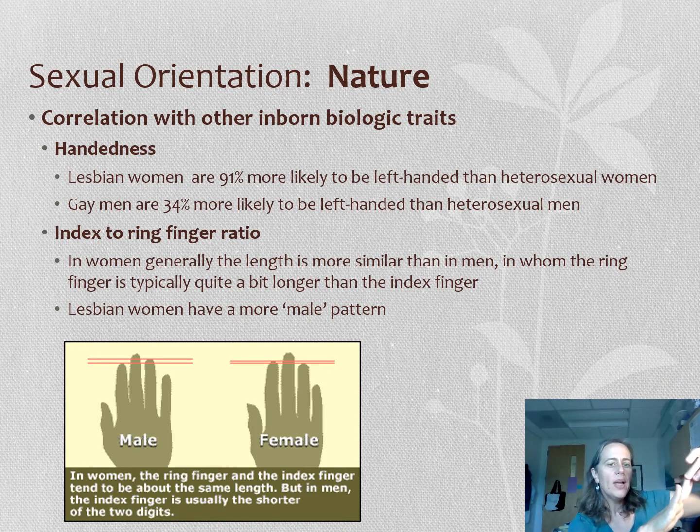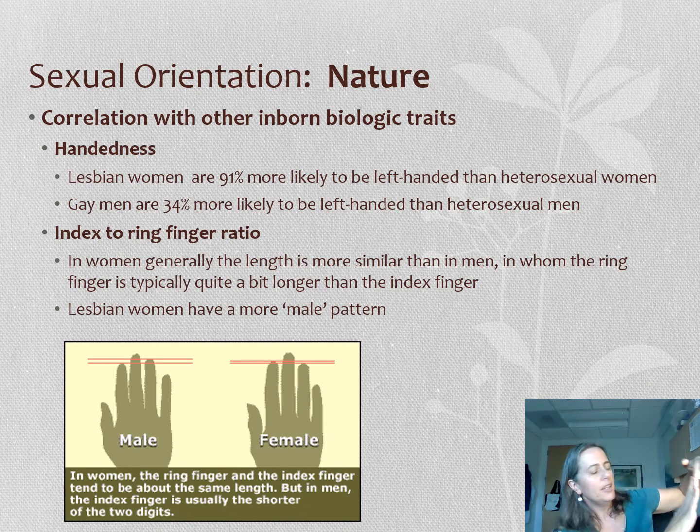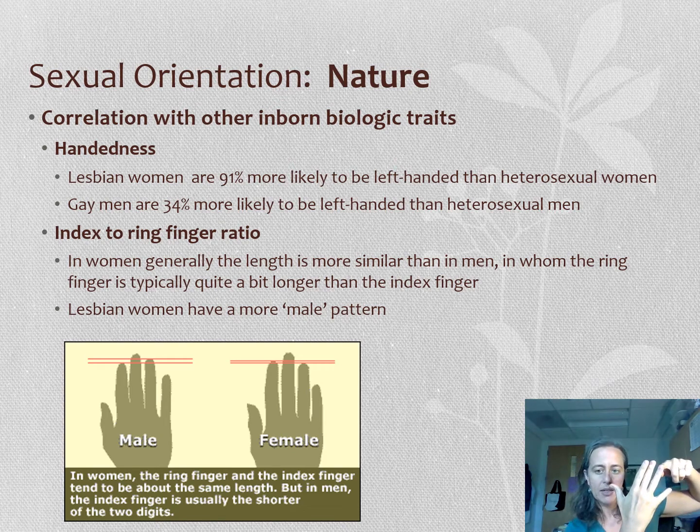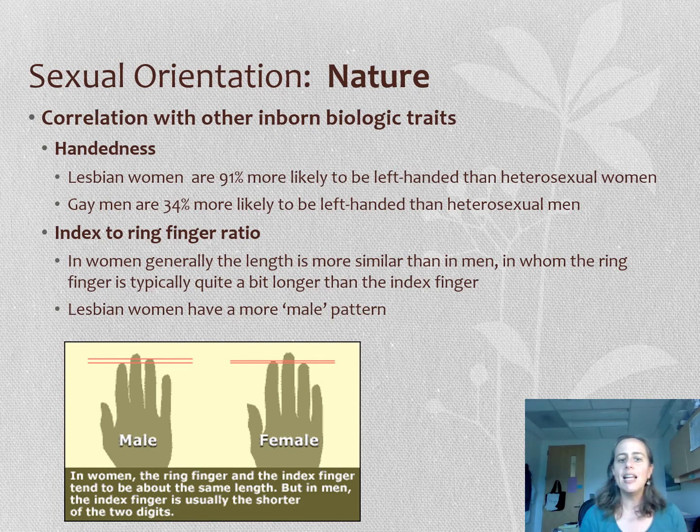In male-bodied people, the ring finger tends to be a little bit longer than the index finger. But in lesbians, we tend to see that pattern as well, where the ring finger is a little bit taller than the index finger. I don't know, but it's kind of cool. Again, this is just kind of fun.